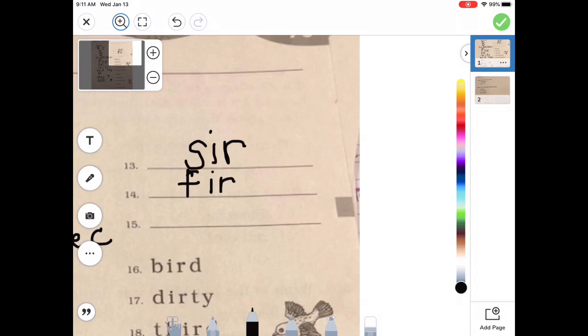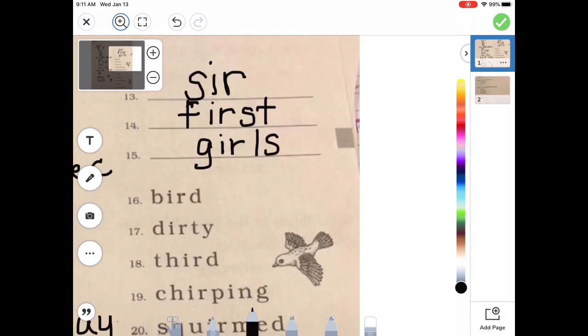And then ST. That's right, it's that blend, ST. Good job. And how about girls? Girls, I hear G, very good. It's that IR, L, and then S. Very good. Girls.